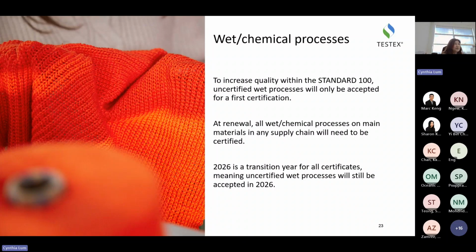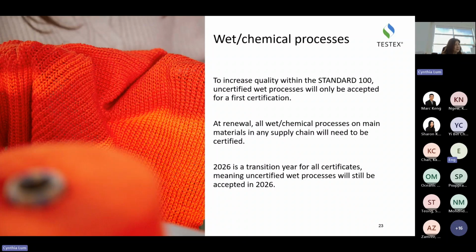But I am not sure whether for the subsequent year, they will need to be certified. I'm not sure whether there is any provision for gray suppliers, meaning whether it's gray yarn or gray fabric. Let me come back to you on this.